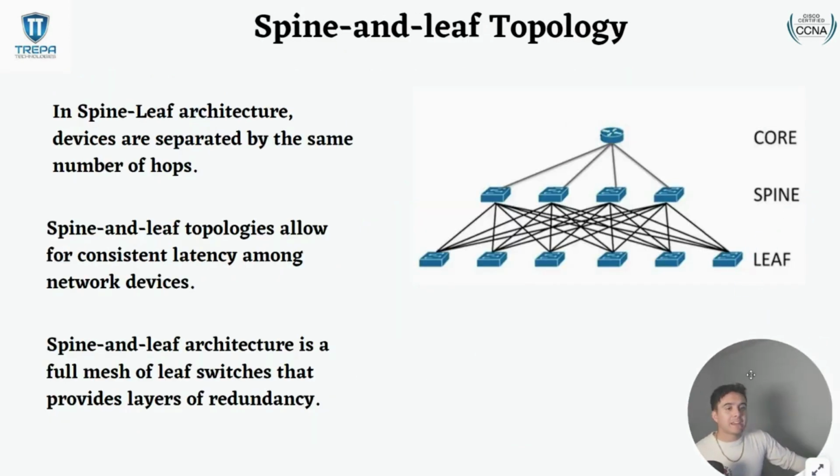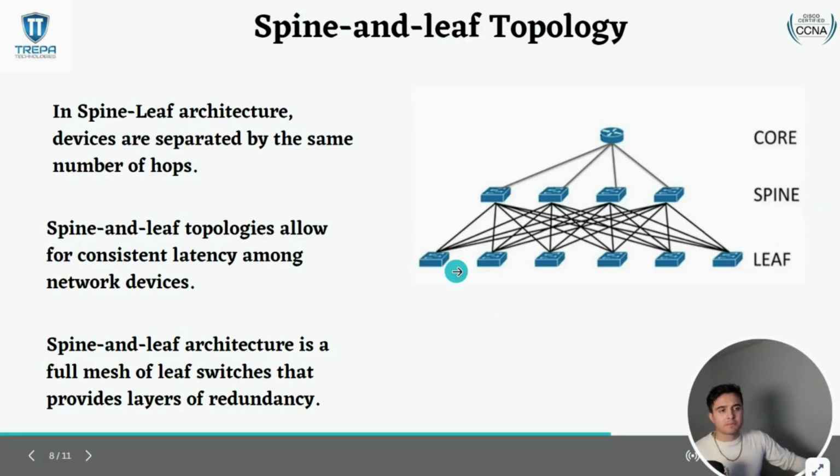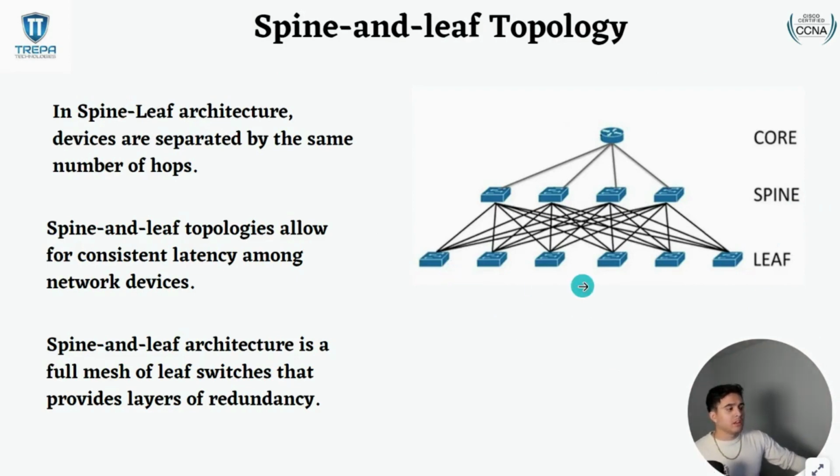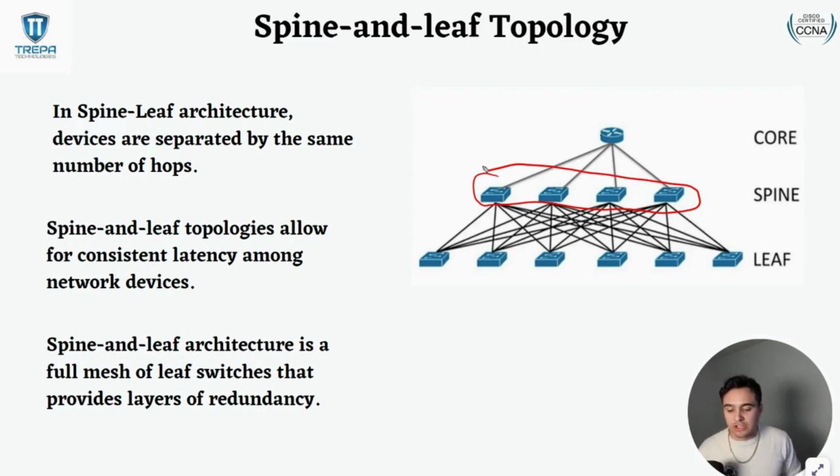And then we have a spine and leaf topology. So in the spine and leaf architecture, it's really made for max redundancy and consistent latency among all networking devices. So in the spine and leaf topology, we have our spine here, which can be related to that core/distribution layer. And then every leaf switch is connected to the core switch.